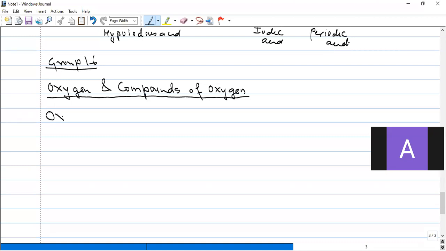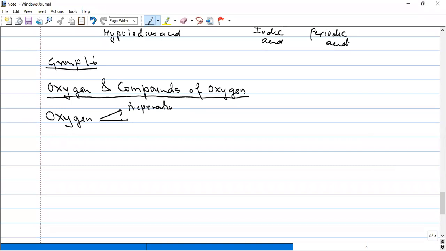First, we'll see oxygen. We'll see the preparation of oxygen. Then we'll see the physical and chemical properties of oxygen. And third, uses of oxygen.